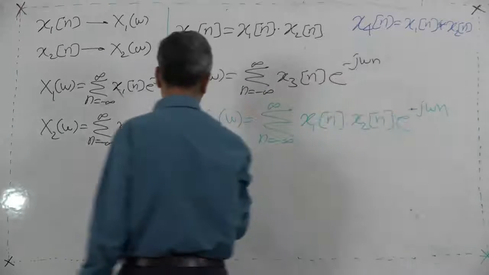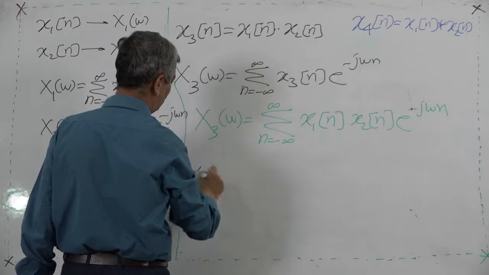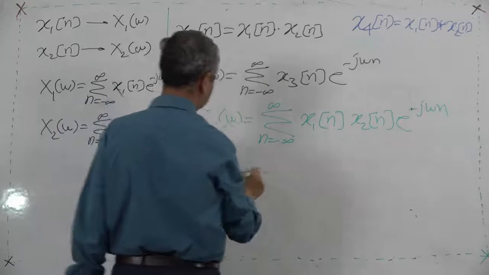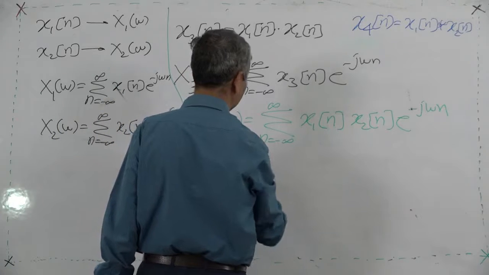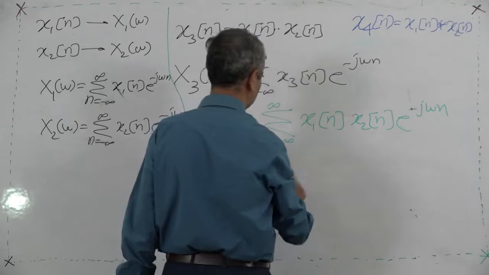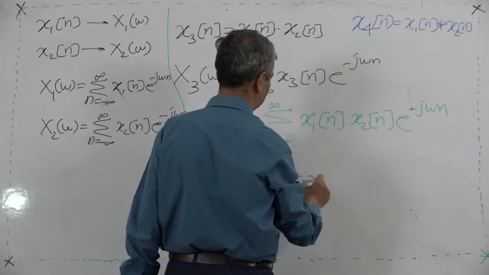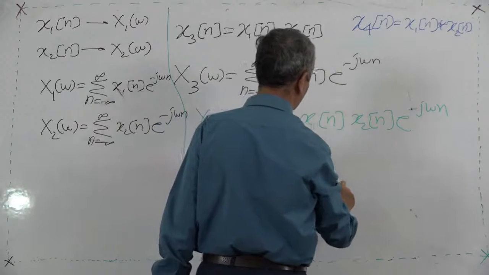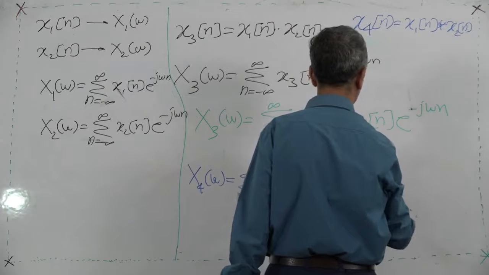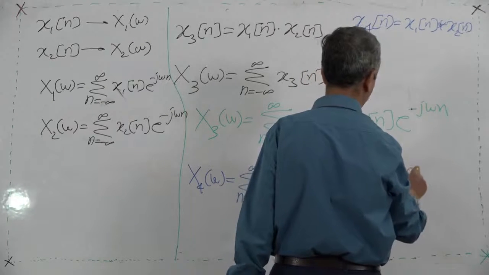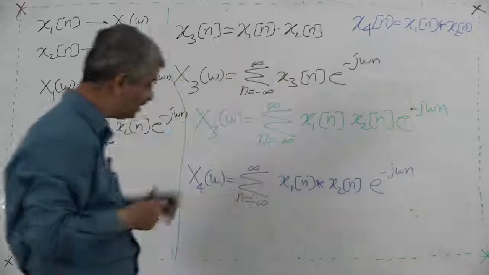So what is X4(omega)? X4(omega) is the summation n equal to minus infinity to infinity of x1[n] convolved with x2[n] e raised to minus j omega n. Now what is this convolution?